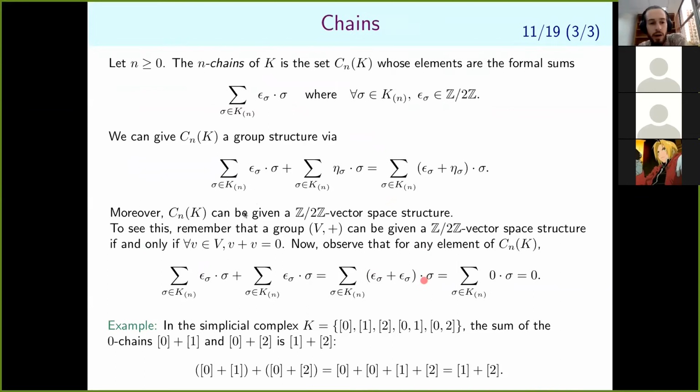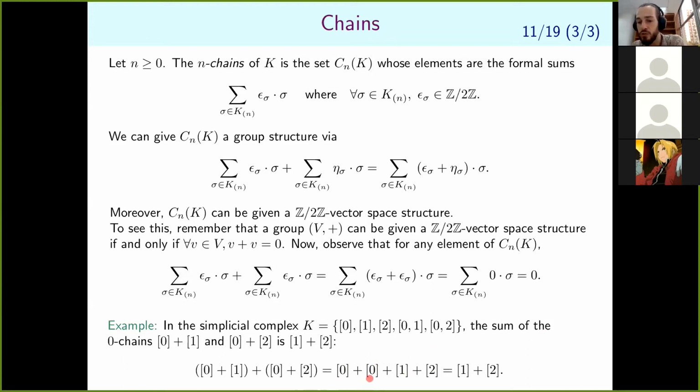So let me give you an example of the operation we defined on the chains. The sum, I take two zero chains, the chain vertex 0 plus vertex 1, and the chain vertex 0 plus vertex 2. Their sum, so this is associative, so I can remove the parentheses, is equal to 2 times the vertex 0 plus the vertex 1 and 2.